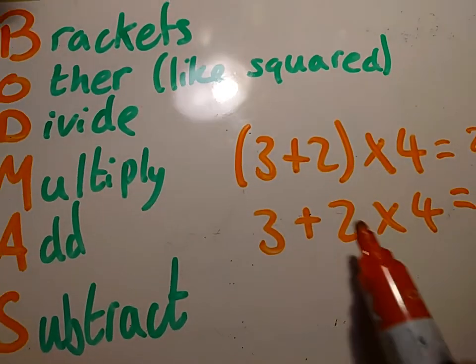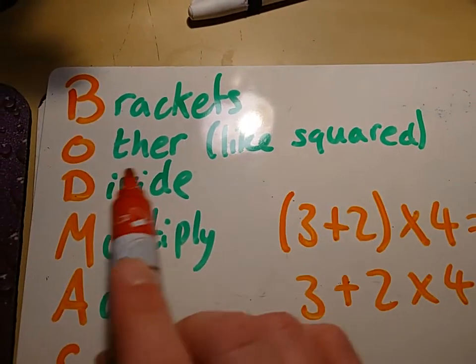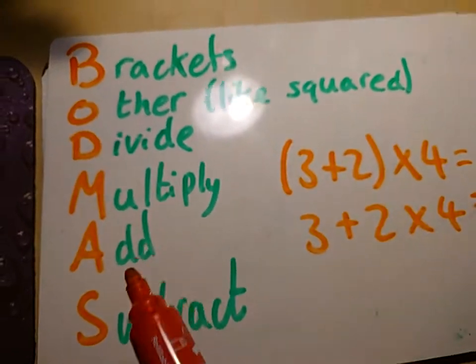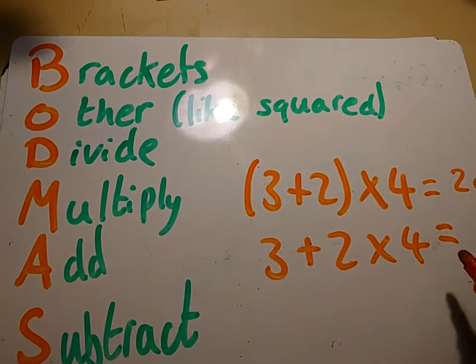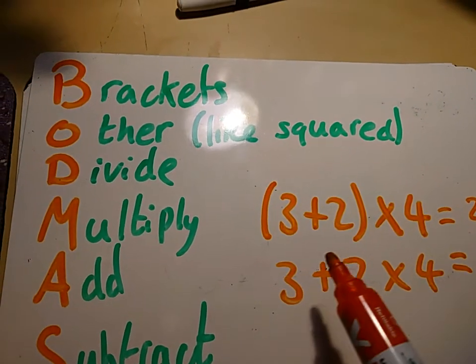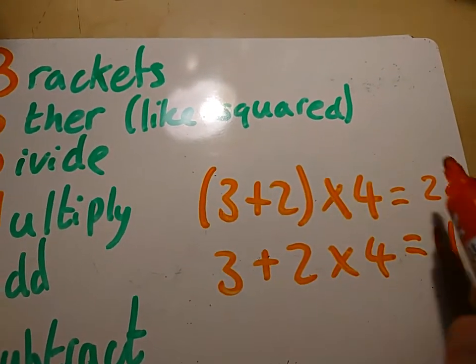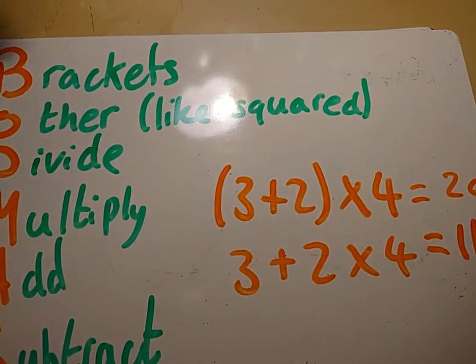In this one, there aren't any brackets, so we can ignore that. There aren't any squaring, so we can ignore that. There's no dividing, but there is a multiplication. And the multiplication you do before the adding. So in this case, I'm actually going to do 2 times 4 first, which is 8, and then 3 plus 8 is 11. So you can see how the order of how we do things is very important, because it gives us completely different answers.